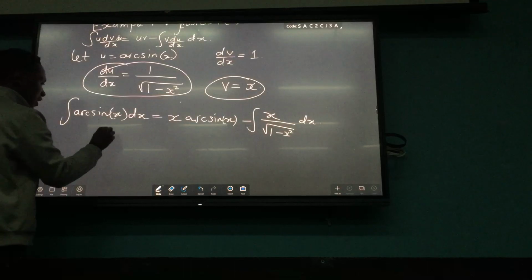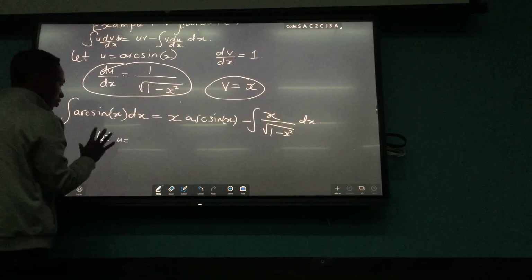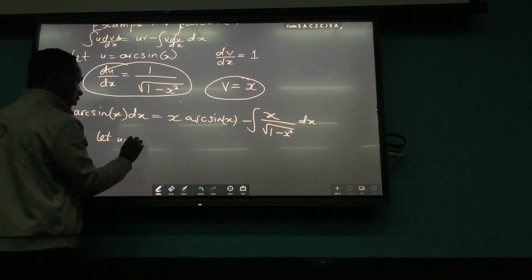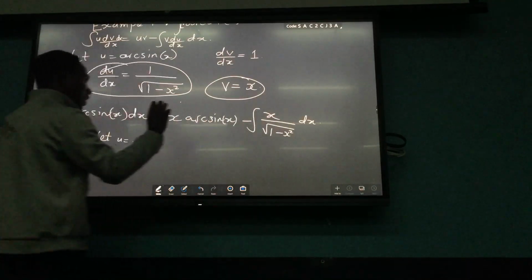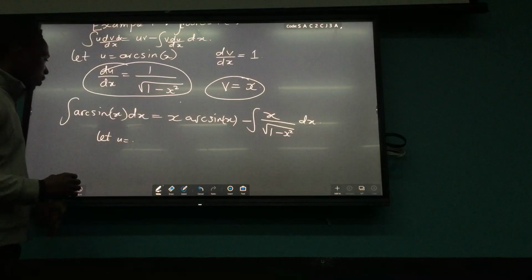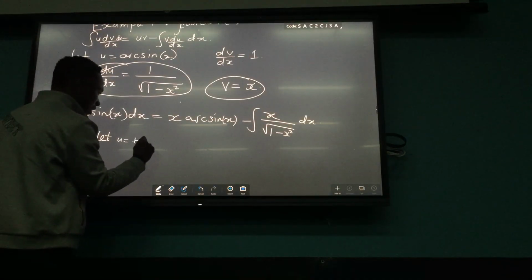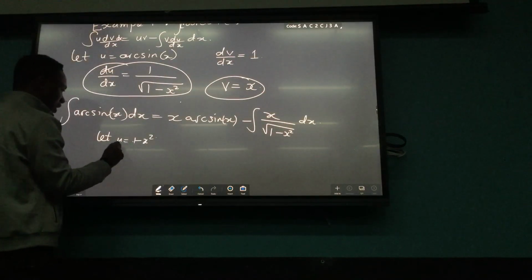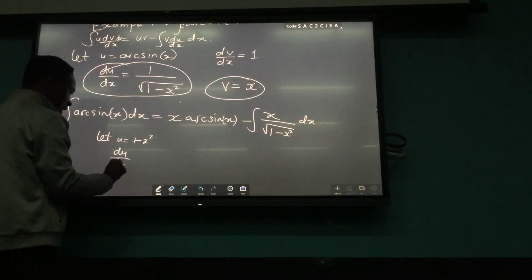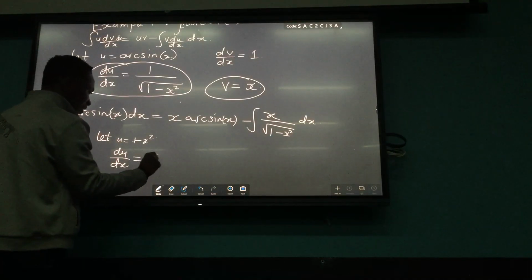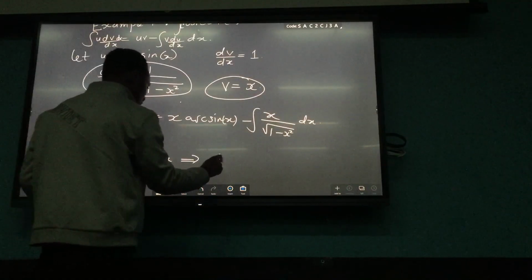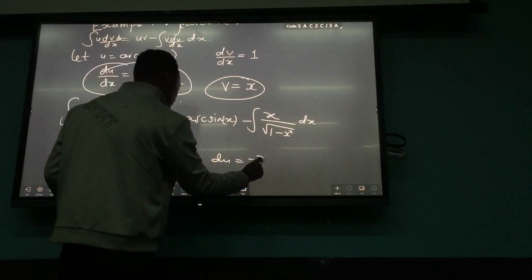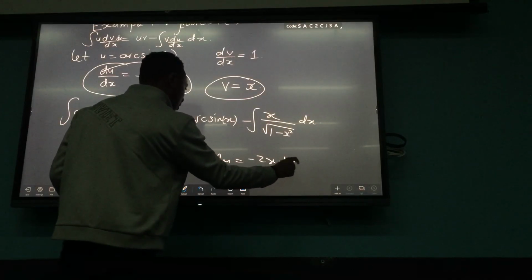You do this on the side. Let u be what's inside the square root sign, such that when you get your du dx, if you let this be your u, you get du over dx equals minus 2x. From here you can say your du is equal to minus 2x dx.